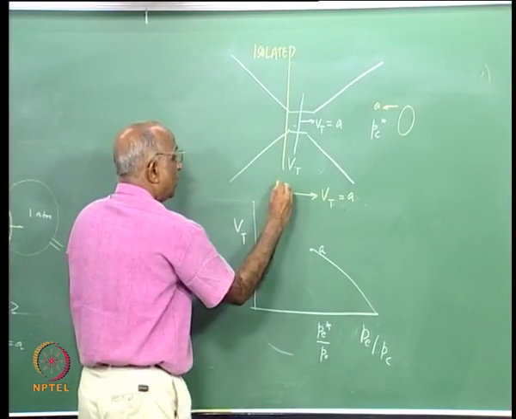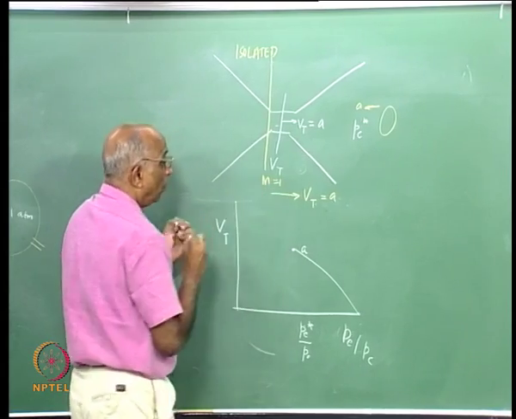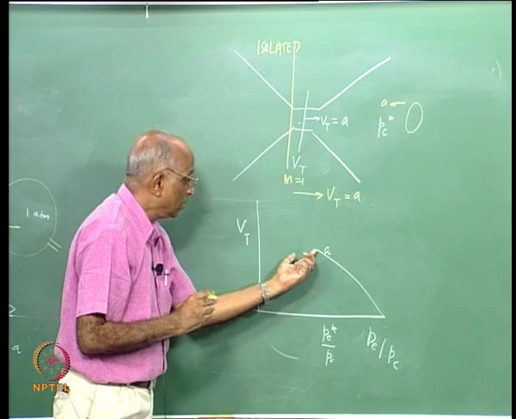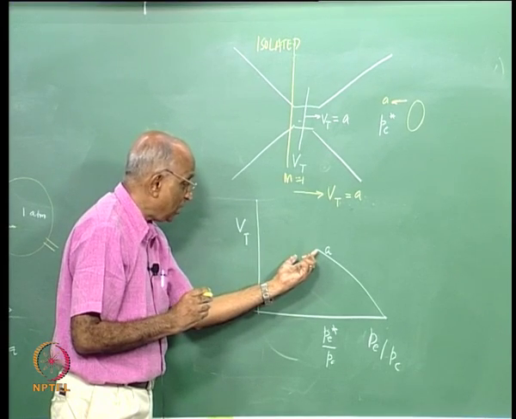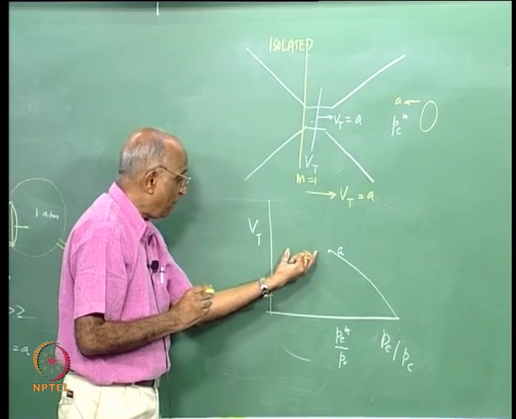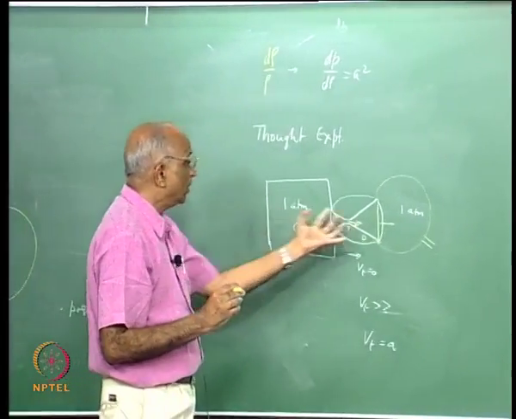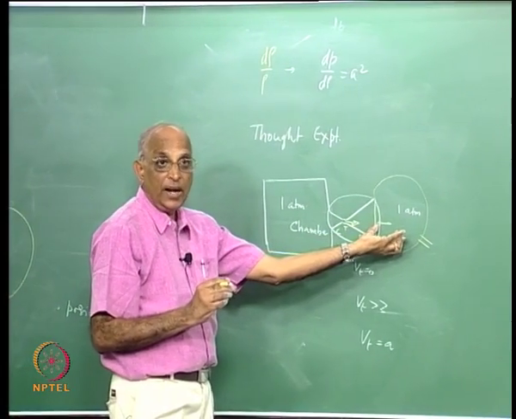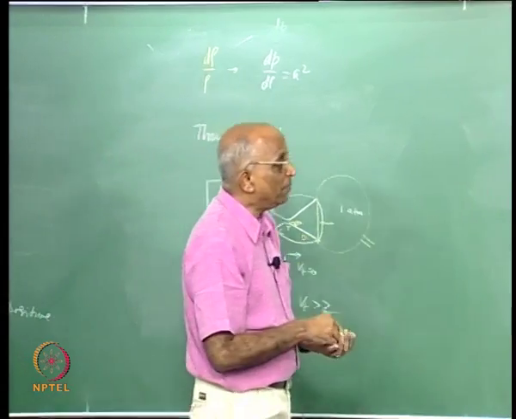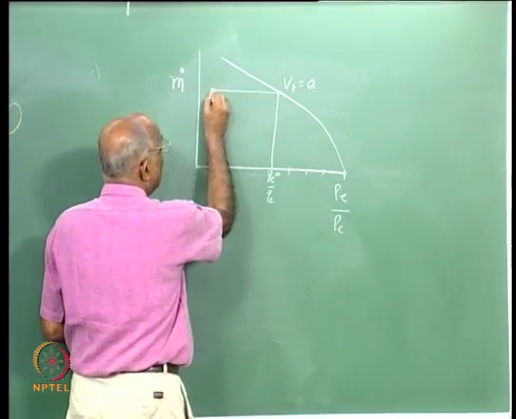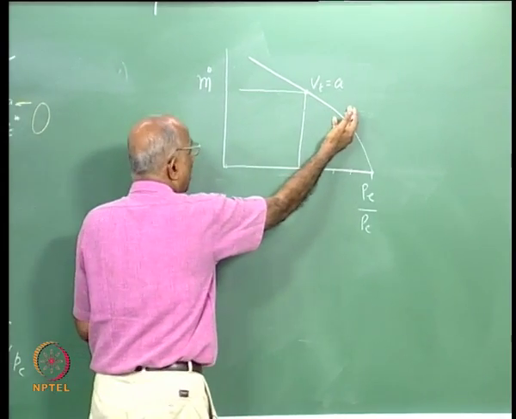Therefore, when the Mach number is equal to 1 at the throat, what is going to happen? I keep on decreasing the pressure, but the velocity here is the sound speed, and it effectively isolates, and therefore the tank is unable to know that a low pressure exists here. The mass flow rate cannot increase any further, it is not able to communicate at all, it is totally disconnected.